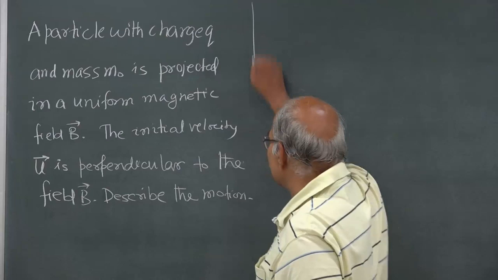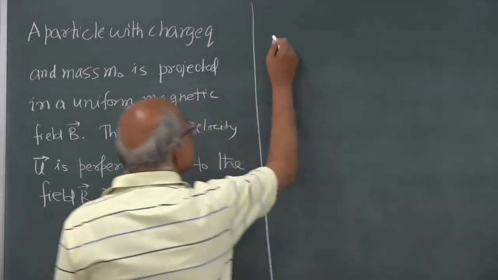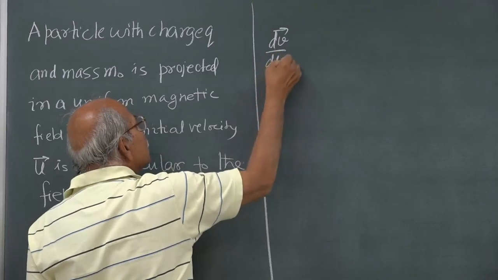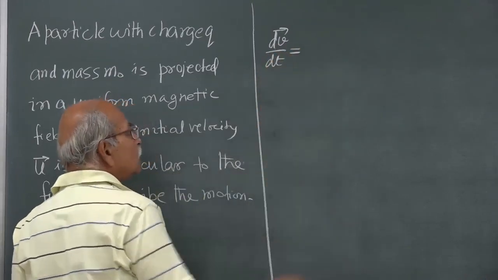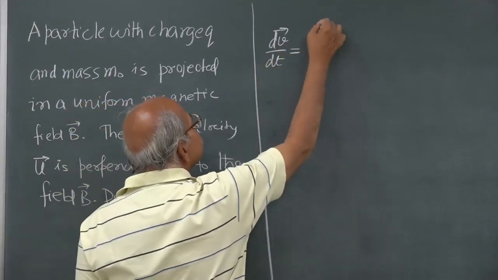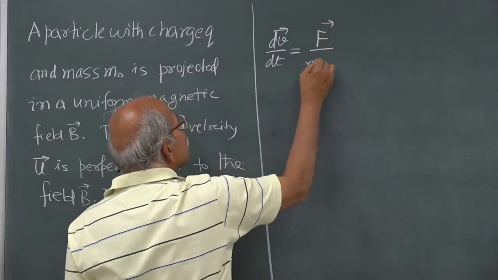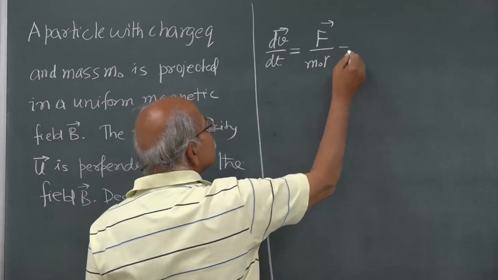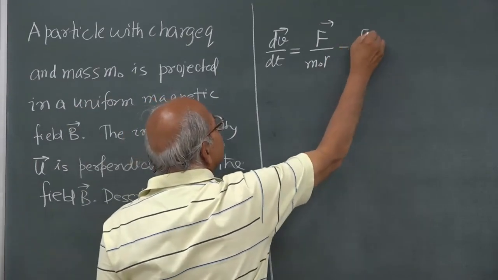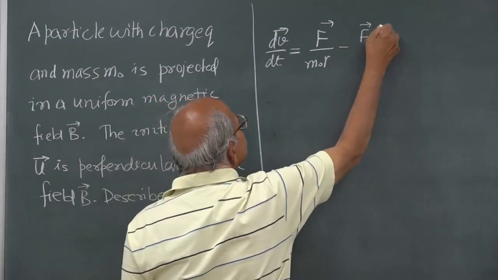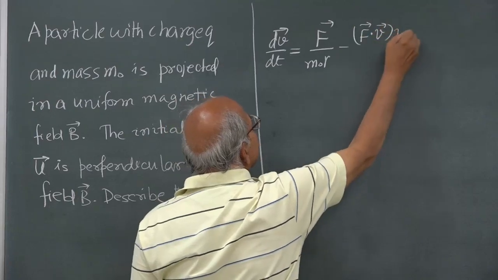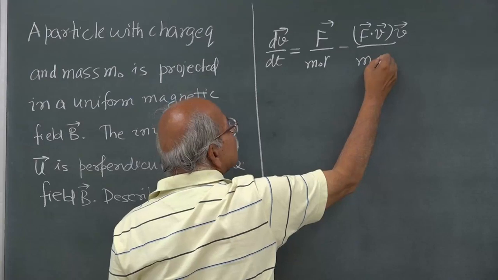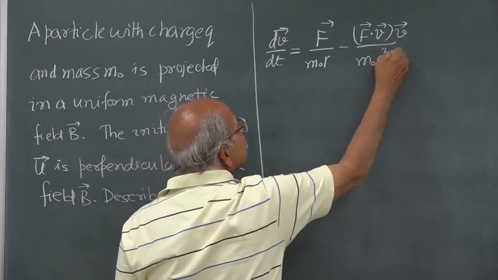Now, our equation was dV dt equal to f divided by m naught gamma, minus f dot v times v, divided by m naught c square gamma.